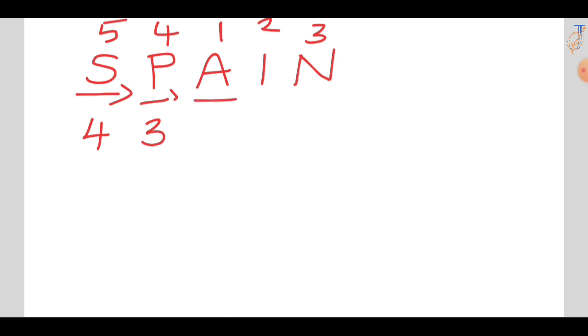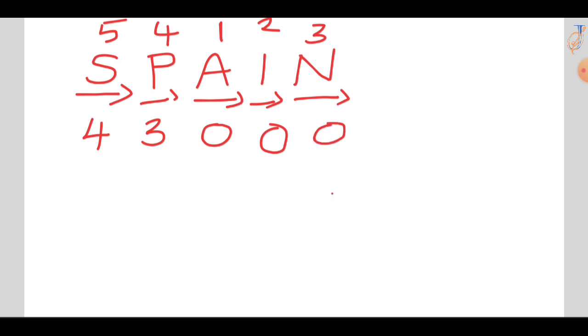Now move to A. A has rank 1. We don't have any number lower than 1, so just write 0. And then move to I. I has number 2 and we don't have a lower rank on the right, so just write 0. Then move to N. On the right-hand side we don't have any letter, so we don't have any lower rank. That's why write 0.